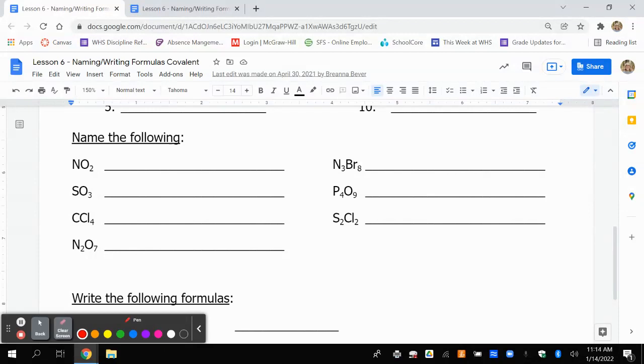And remember, if the first element only has one atom, we just write it as nitrogen, or just whatever the element is. Then we can see there are 2 atoms of oxygen. So we use our prefix for 2, di, ox, and then we add our suffix, IDE. So nitrogen dioxide.